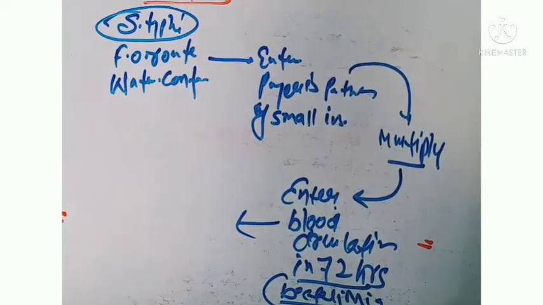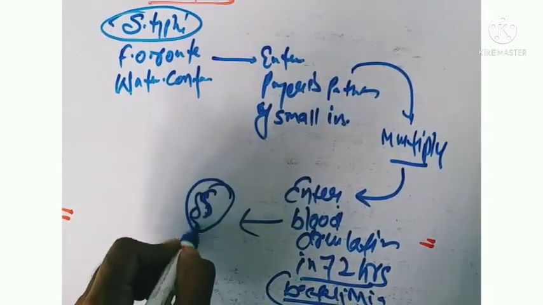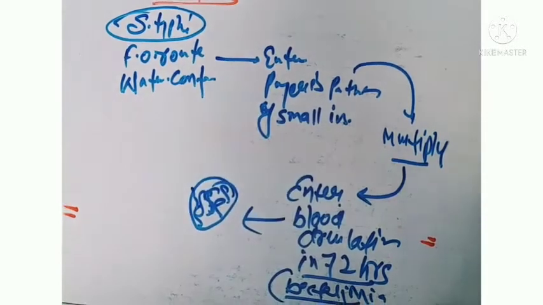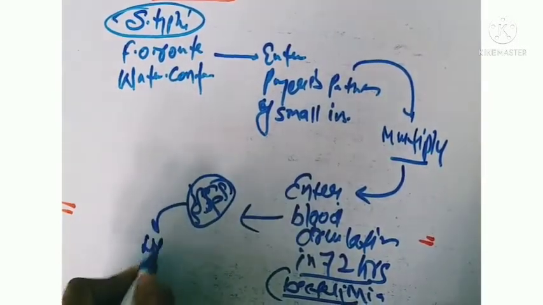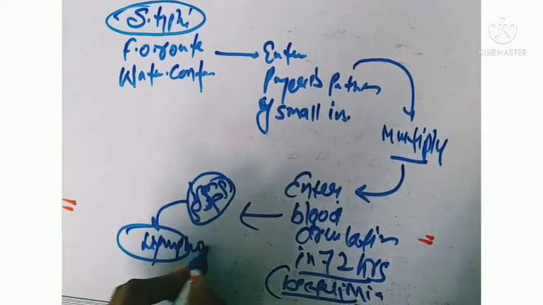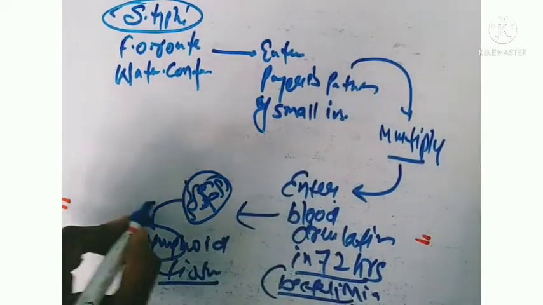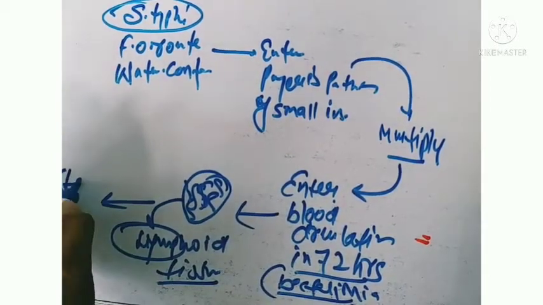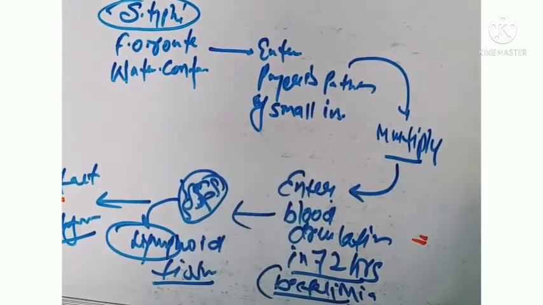After entering into the blood circulation, it will again come back to the small intestine. Here the Salmonella typhi colonize and then enter into the lymphoid. It will localize into the lymphoid tissue and now start damaging the lymphoid.